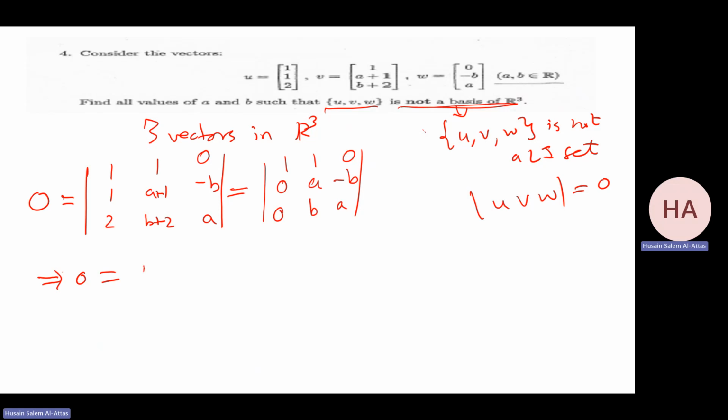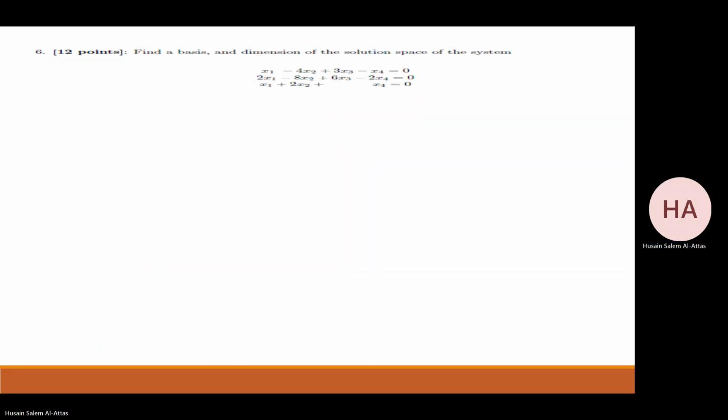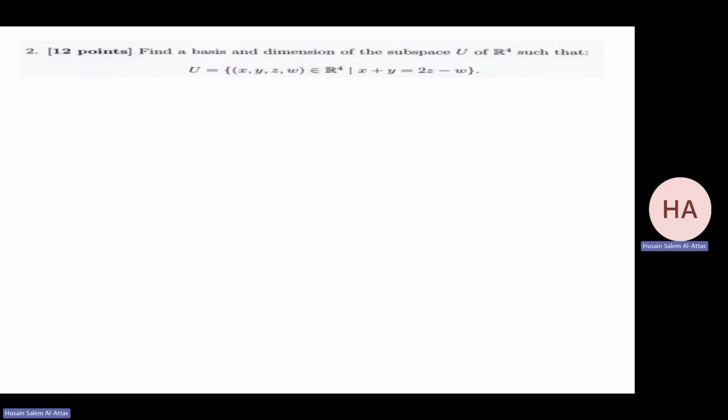So what I have is a square minus b square plus b square, a square plus b square equal to 0. For sure, that means a equals b equals 0. So these are the values of a and b, and this is not a basis. Find the basis dimension.